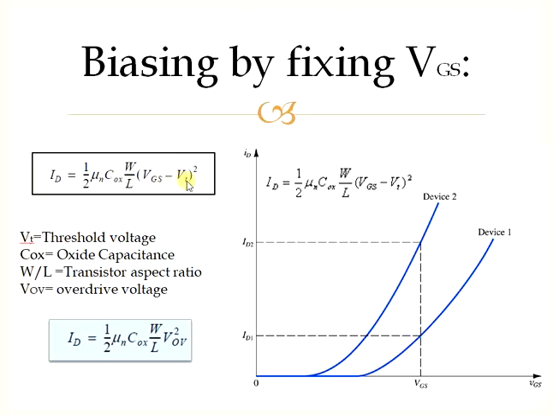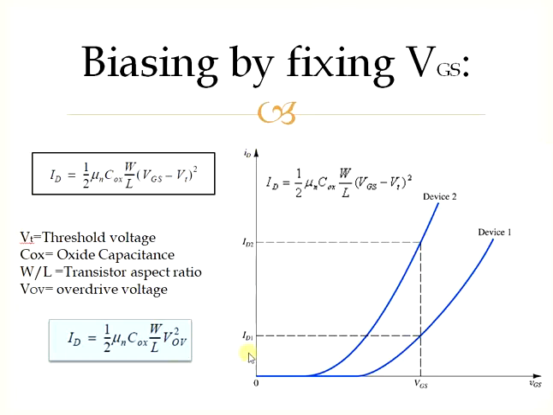These parameters, that is the threshold voltage, the oxide capacitance and the transistor aspect ratio, vary widely among devices of the same size and type. Also, if the ICs are fabricated on different wafers, the spread in the value of these parameters will be large.